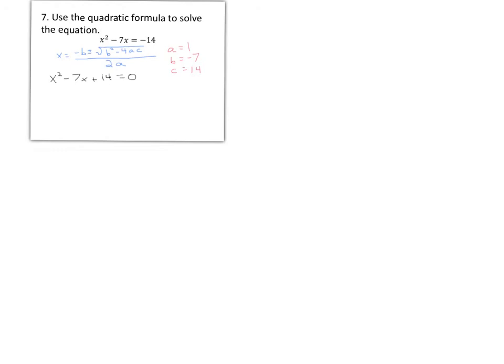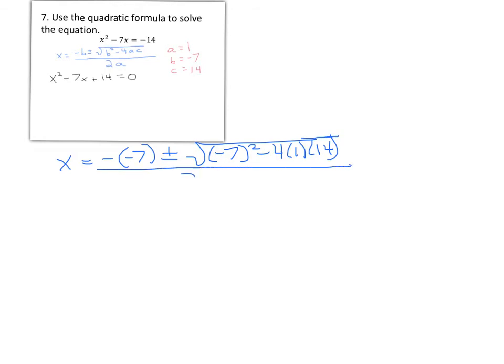So that gives us that x equals negative b, b is negative 7, plus or minus the square root of b squared minus 4 times a times c, over 2 times a, equals negative of a negative 7, which is 7, plus or minus the square root.